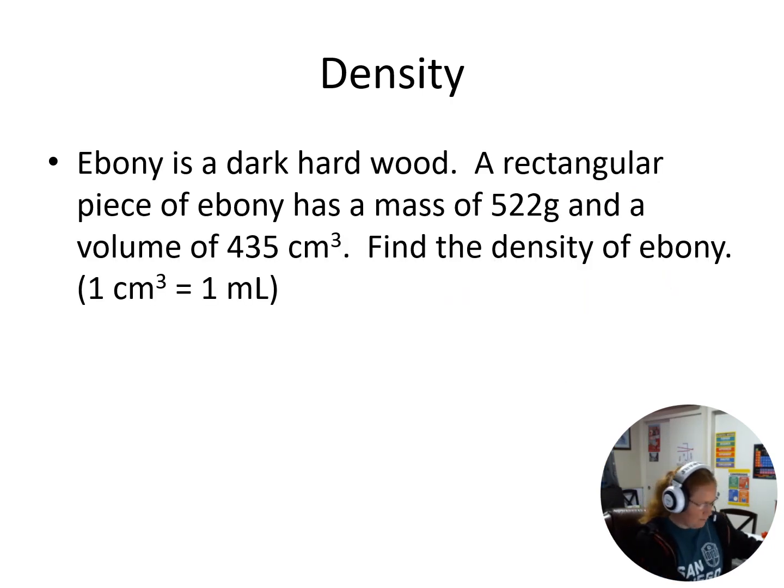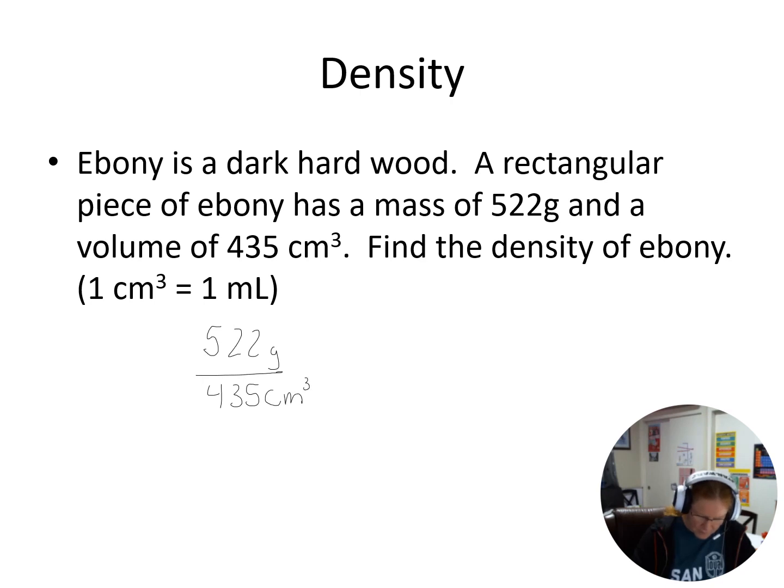Now let's practice a few things with density. We've got a piece of ebony with a mass and a volume. So let's find the density of ebony. Again, it's just mass per unit volume. So I'll take my 522 grams over my 435 centimeters cubed.